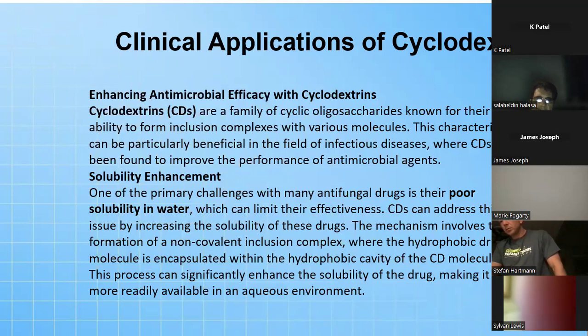Okay, so it does have enhanced antimicrobial efficacy with cyclodextrin. Cyclodextrins are a family of cyclic oligosaccharides known for their ability to form inclusion complexes with various molecules. This characteristic can be of particular benefit in the field of infectious disease, where cyclodextrins have been found to improve the performance of antimicrobial agents.